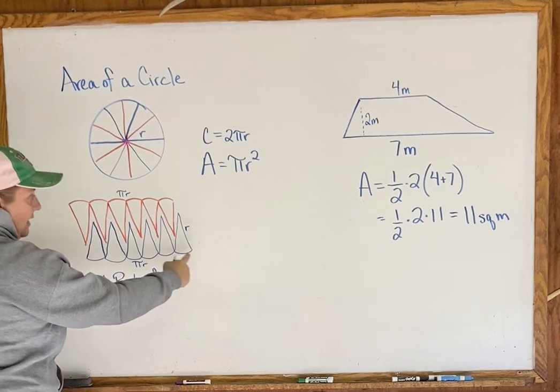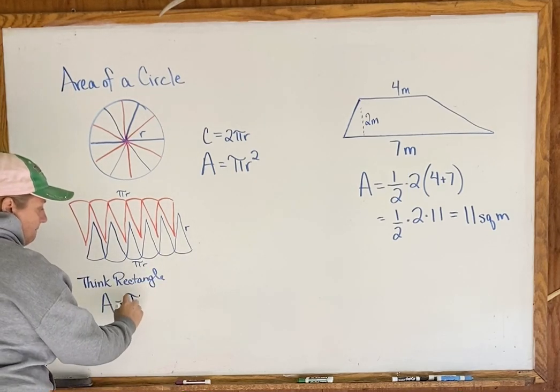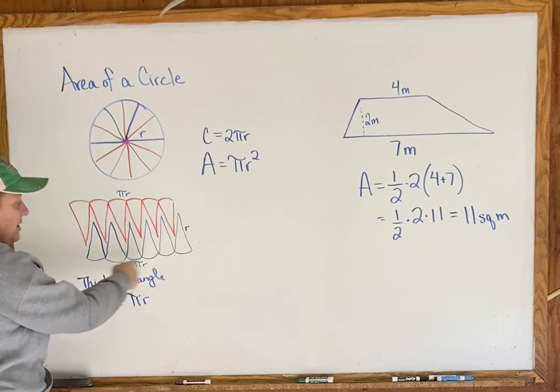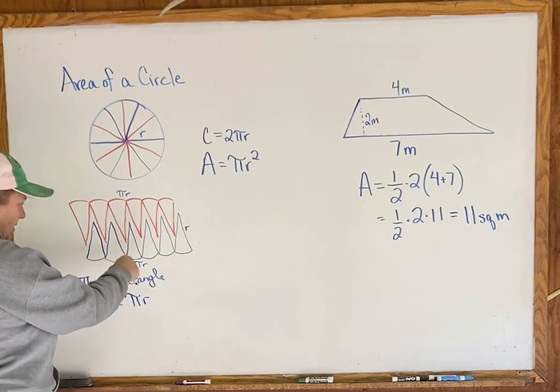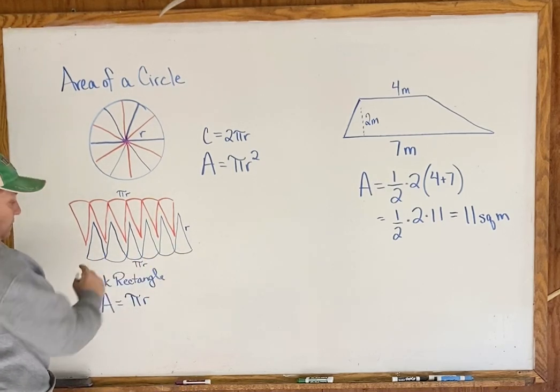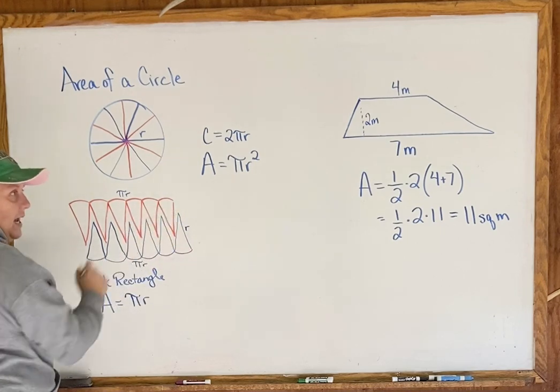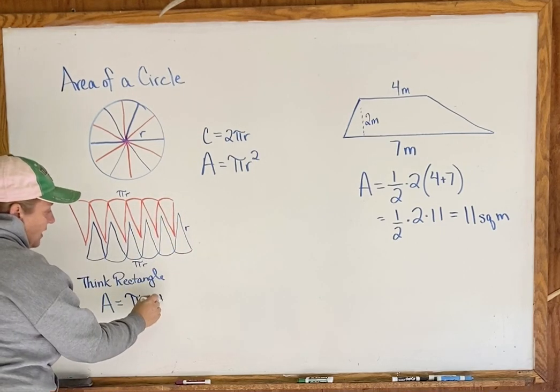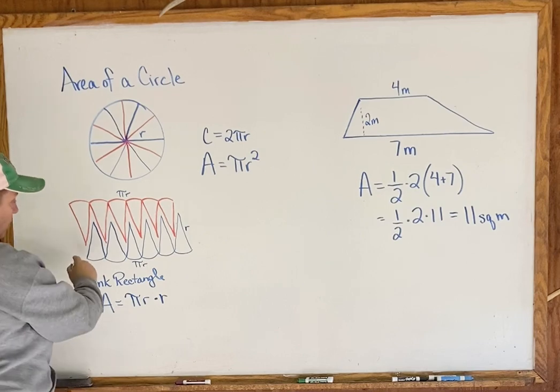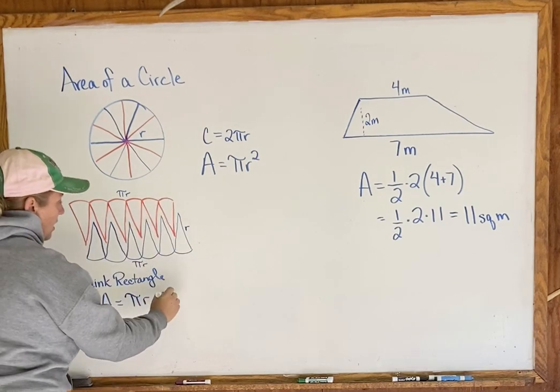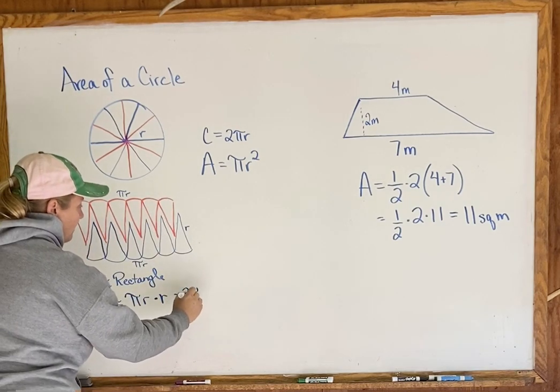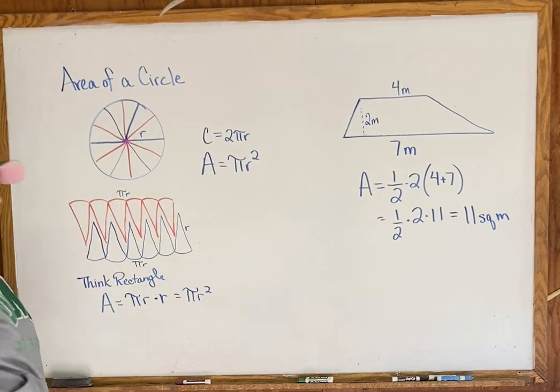Well, what's the length here? Pi r, sort of, not exact because of all these little bumps, but sort of it's pi r, and what's going to be the height there, or the width, is going to be another r, right? So we're doing this guy times this guy, which in the end gives us pi r squared.